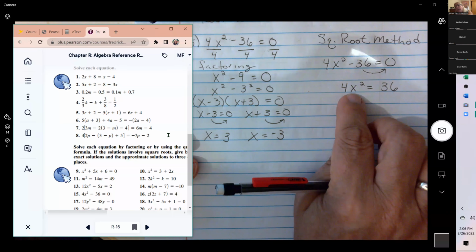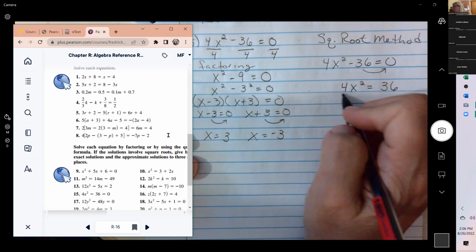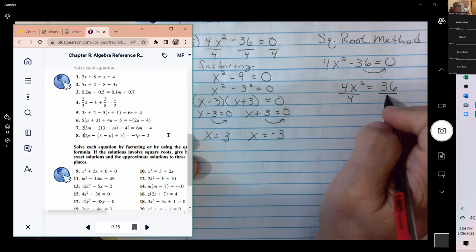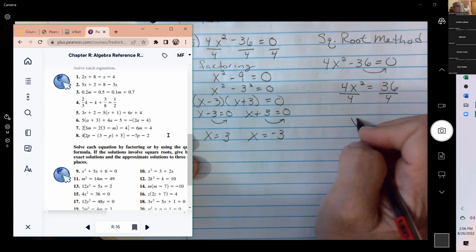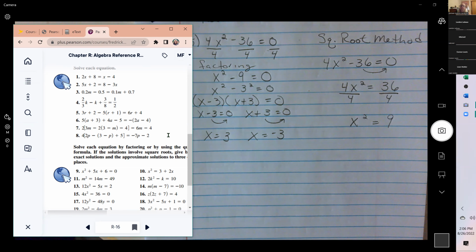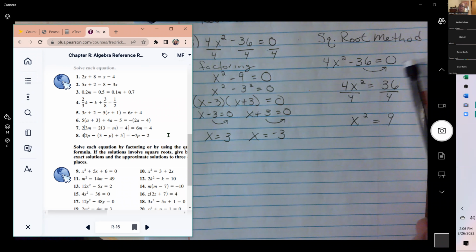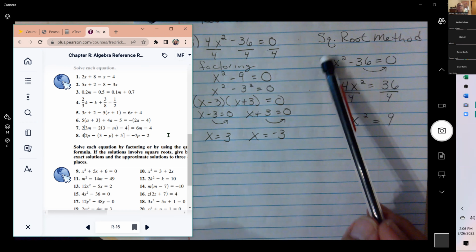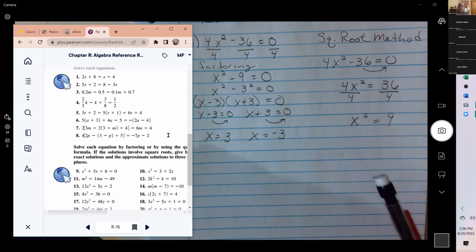We still need to get the x squared by itself, so we would divide by the 4. Now remember, you can only use this when you have a squared term, but not the x to the first, or if you had a quantity squared, which I don't think we'll get into.